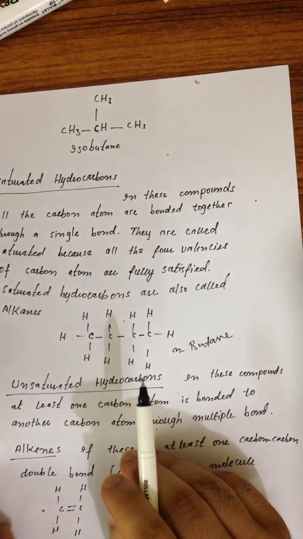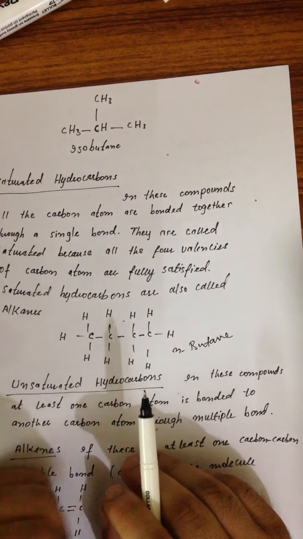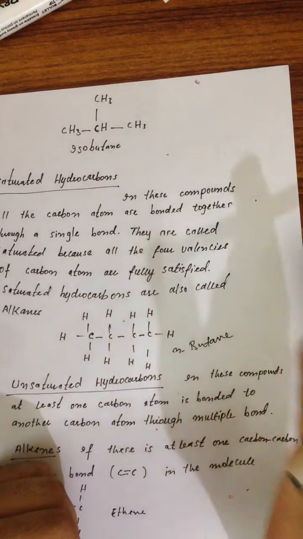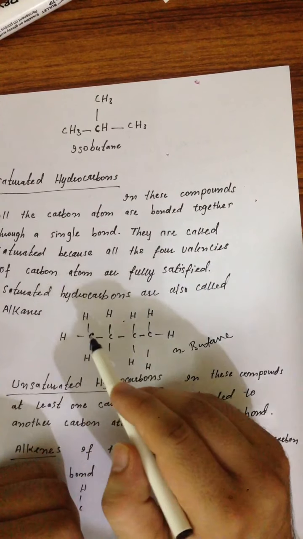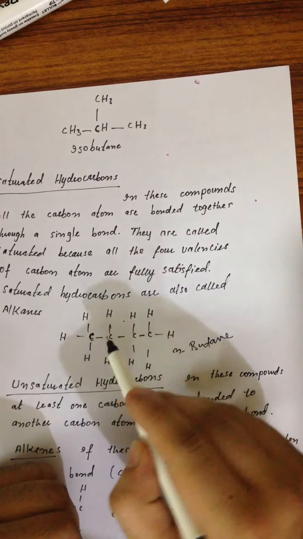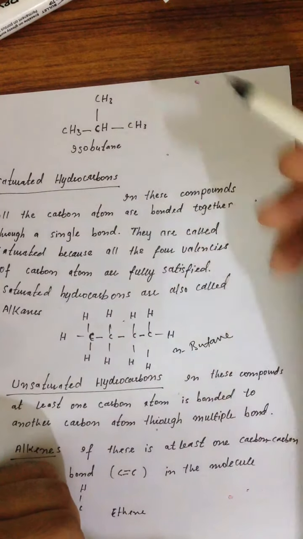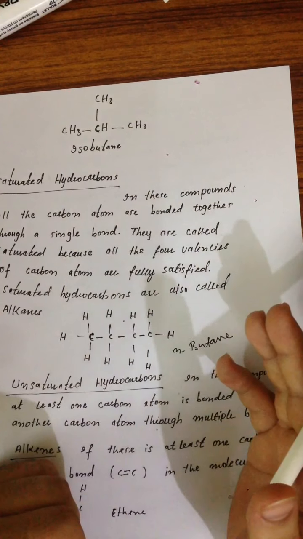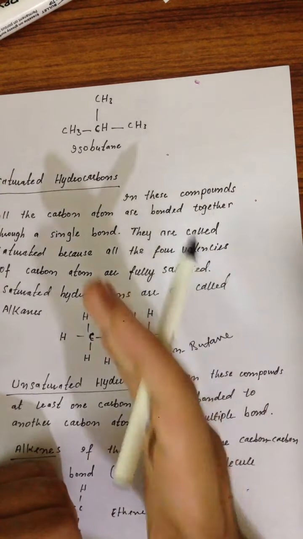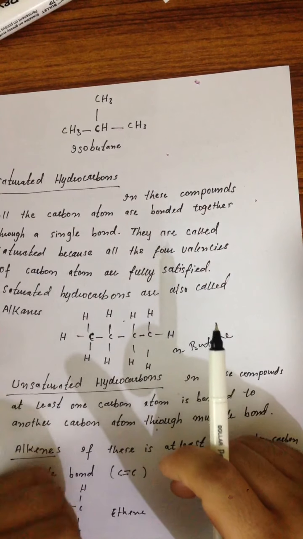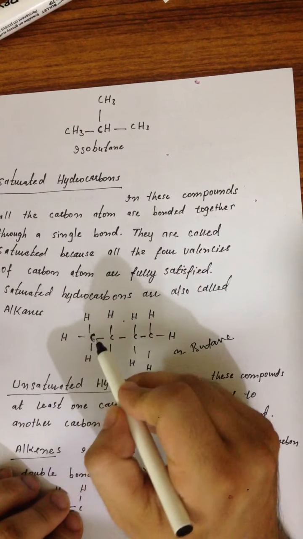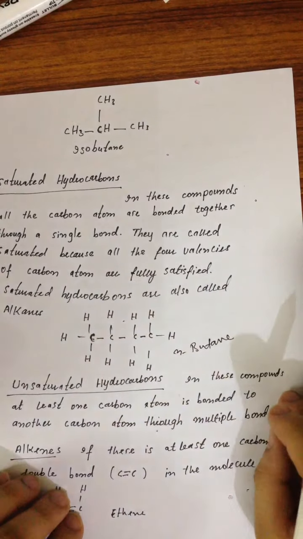All the carbon atoms have 4 single bonds with their neighboring atoms. There are no multiple bonds. So all the 4 valencies of carbon atoms are satisfied. Every carbon atom makes 4 bonds.